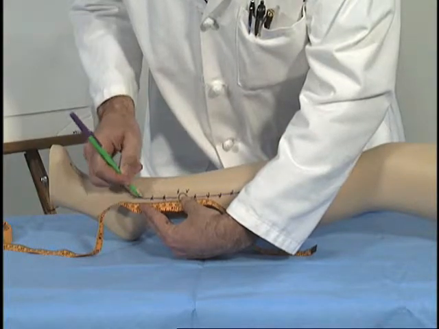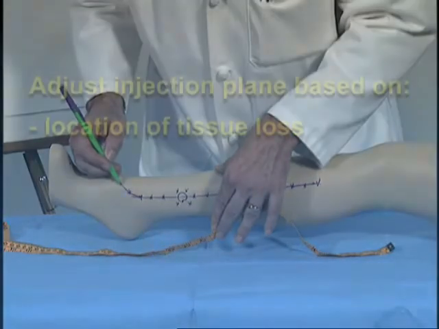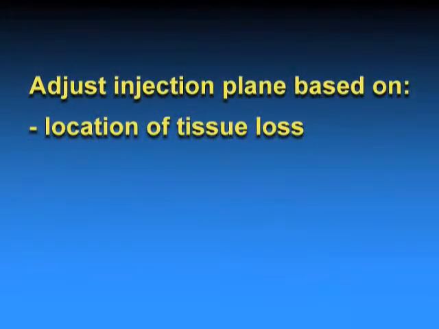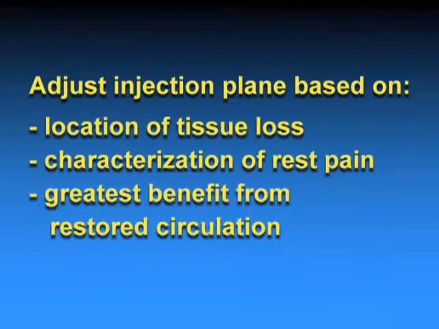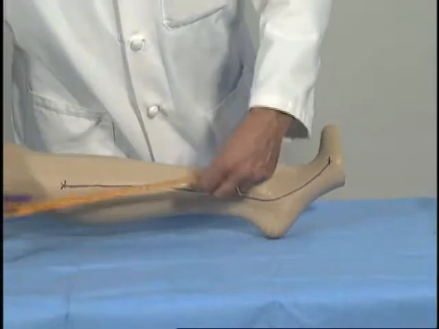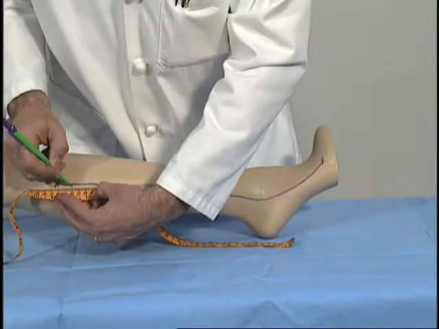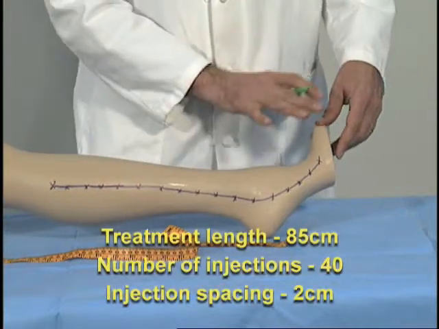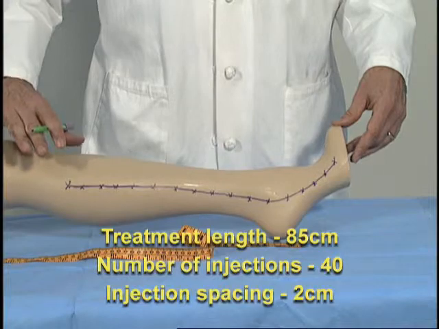If you need to move your injection plane up or down, you take into consideration the location of the patient's tissue loss, characterization of their rest pain, and where you think circulation would do you the most clinical benefit. Again, medially every 2 centimeters. So we have a total of 40 sites of injection, as we will in every case.